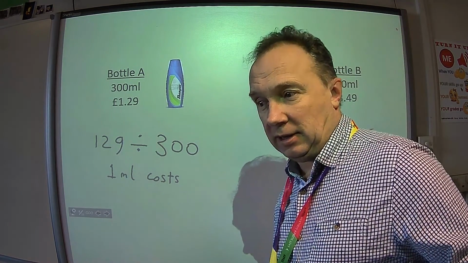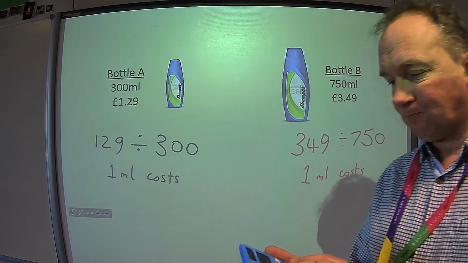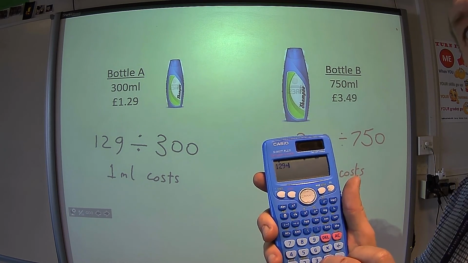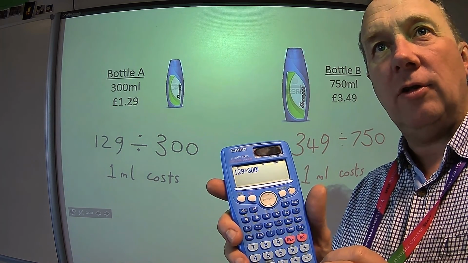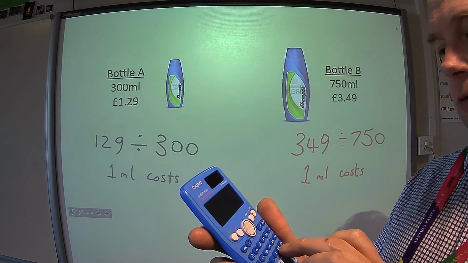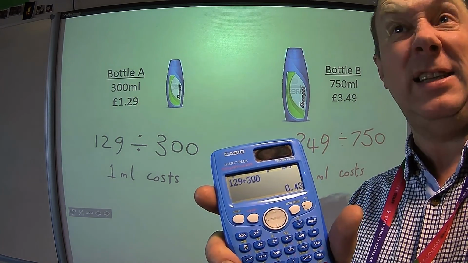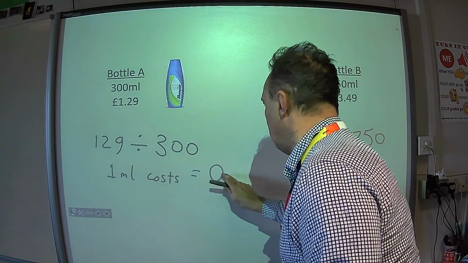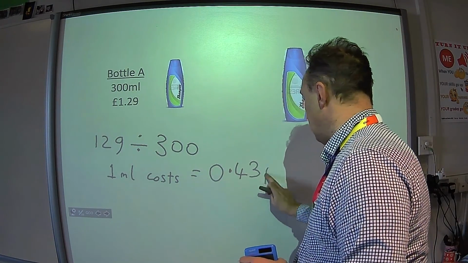I'm going to grab a calculator now if I can find one. There's one, and in here I'm going to do my 129 divided by 300. Check you can see that, it looks good. And that equals 0.43 pence for a millilitre.